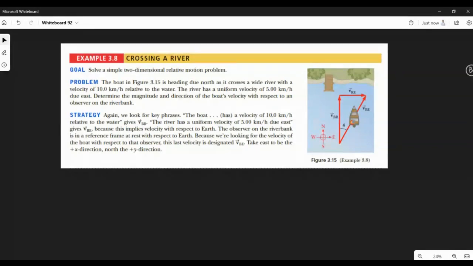Can you guys see it? Who else cannot see it? Just refresh your page and then get back in.